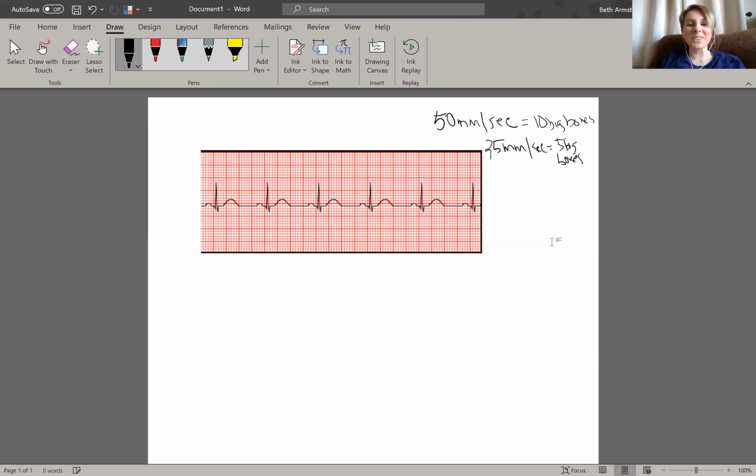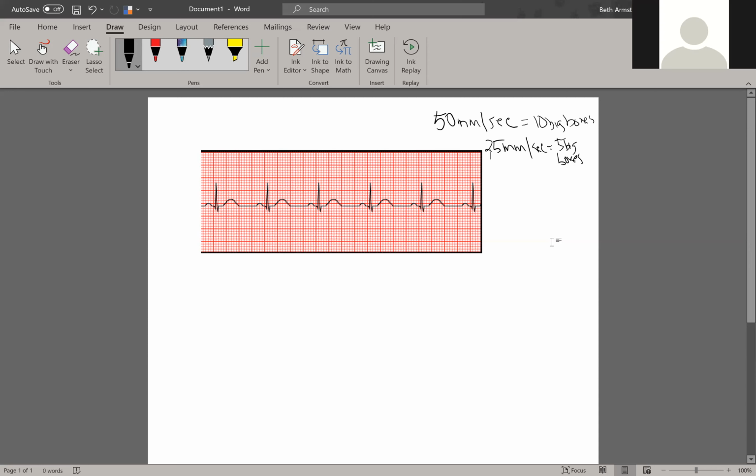So yeah, if it were 50 millimeters per second, it would be 10 big boxes. If it were 25 millimeters per second, it'd be 5 big boxes, right? Because every tiny box in the big box is 1 millimeter. Perfect. So in this case, we're going to count our big boxes. So this is 1 big box, 2, 3, 4, 5, 6, 7, 8, 9, 10.